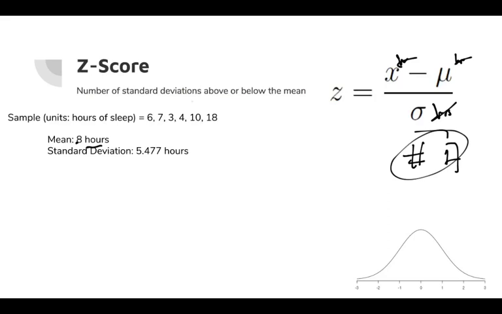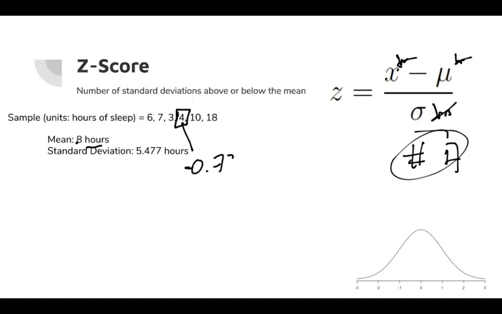So let's say that this 7 hours of sleep represents somebody named Jimmy. Actually, let's pick one that I actually know the z-score for. Let's say that this 4 hours of sleep represents Jimmy. And so I know that this is a z-score of, what did we calculate that out to be?